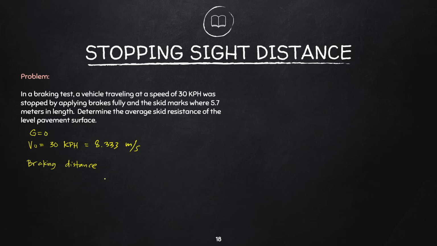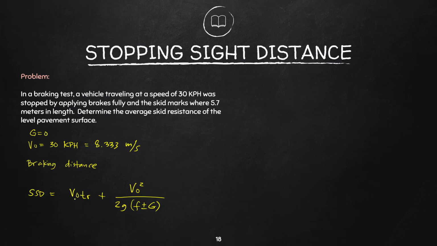So instead of using the formula for the SSD, if SSD is equal to V₀TR plus V₀ squared over 2g times f plus or minus g, this is the braking reaction distance, and this portion here is the braking distance.